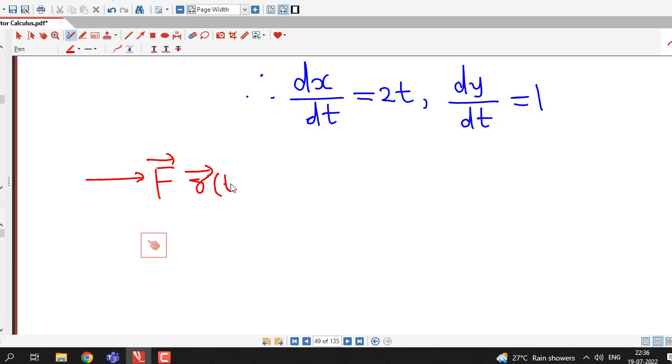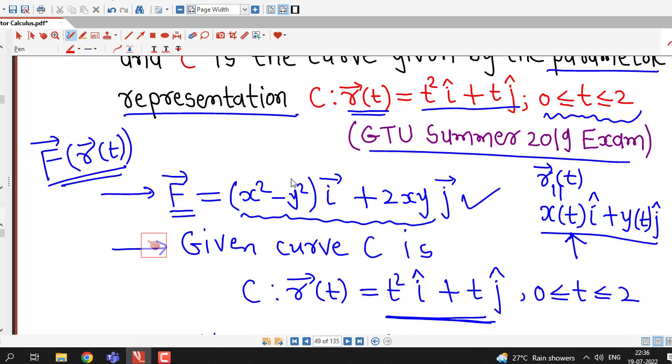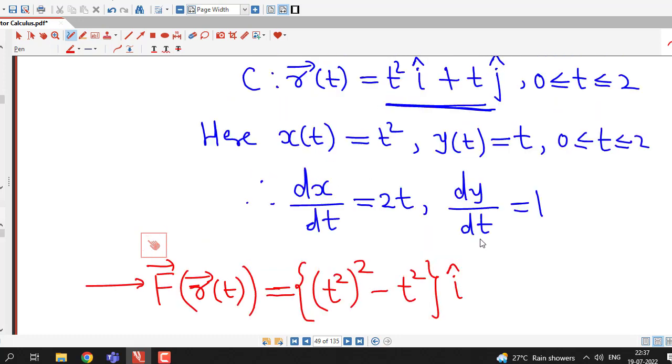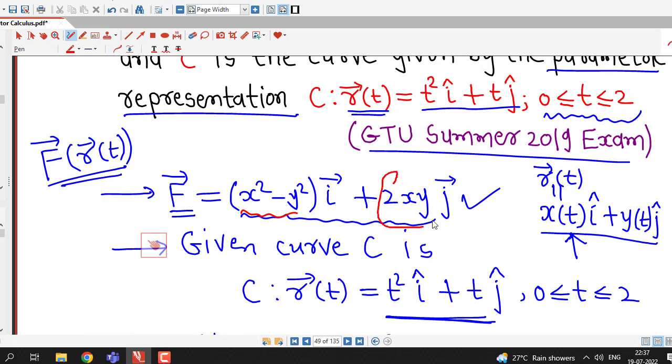That will give us f bar of r bar t. That is, we convert x and y in terms of t. The x component of f bar is x square minus y square, so we put x equal to t square: the square of t square minus y square, where y is t. This is the x component, x square minus y square times i, and the y component is 2xy.